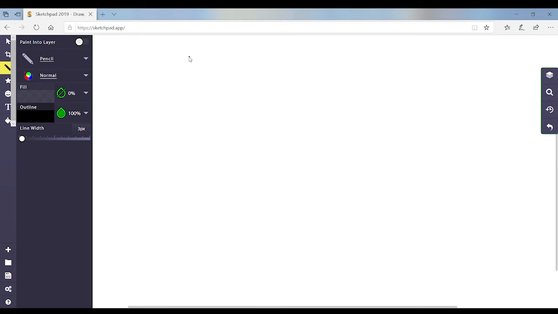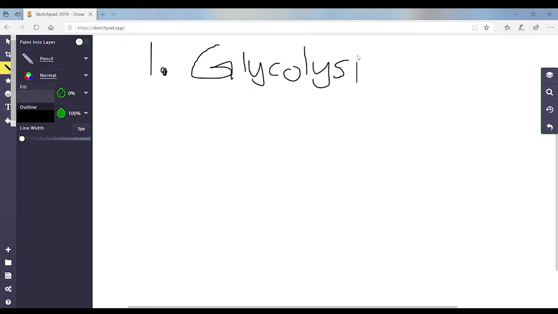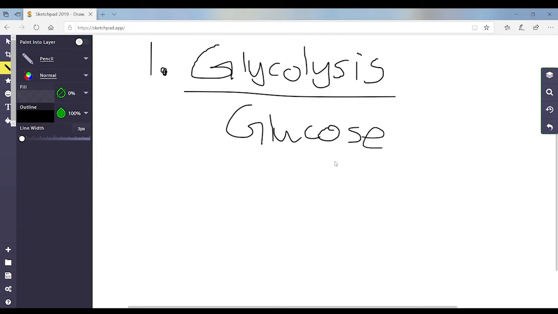There are three basic stages to cellular respiration, and the first one is called glycolysis. I'm not going to talk about all the names, but it basically is a process that results in glucose being converted into pyruvate.